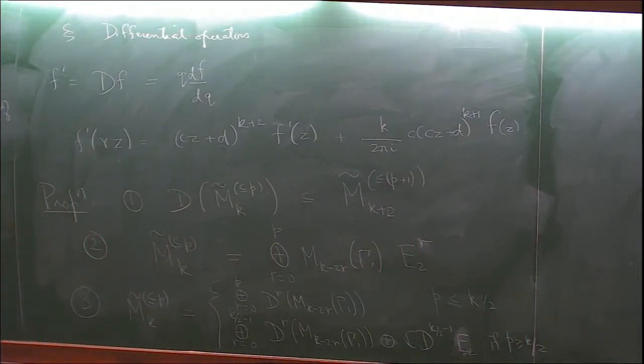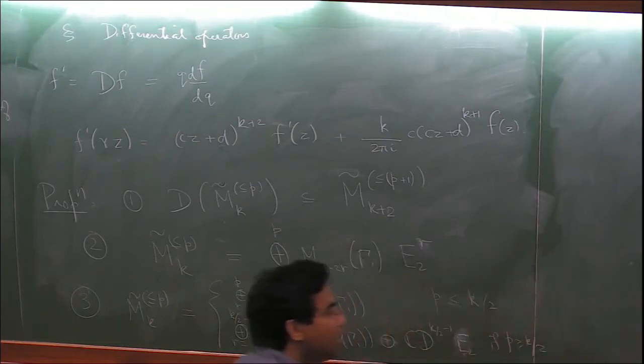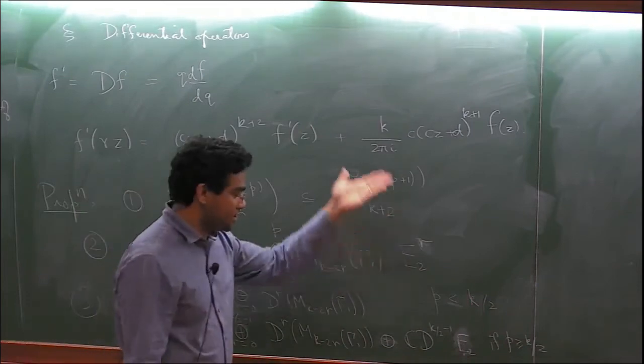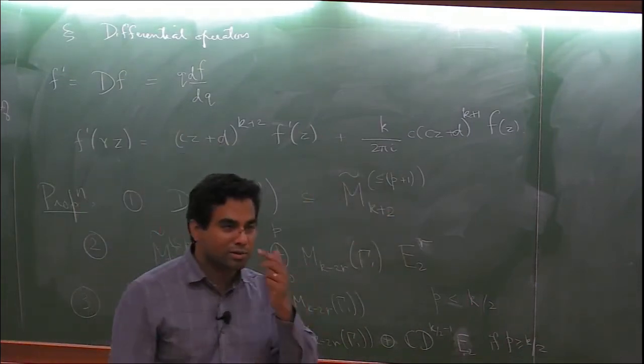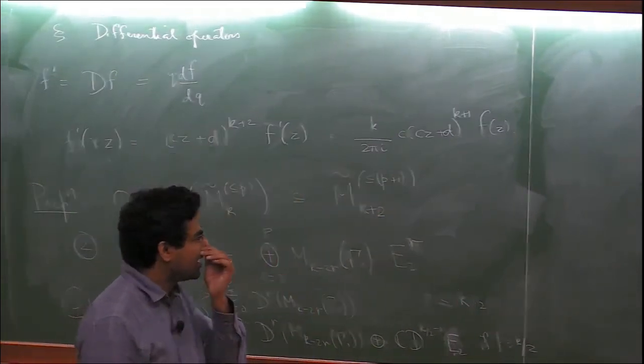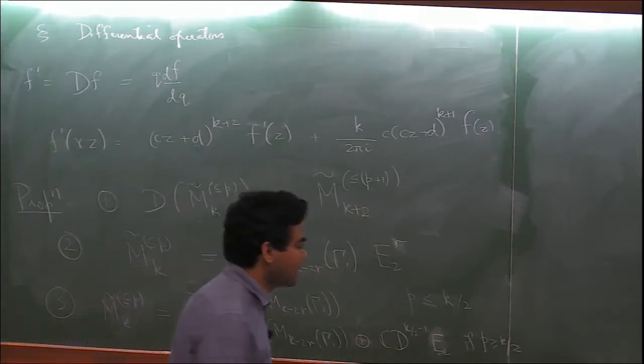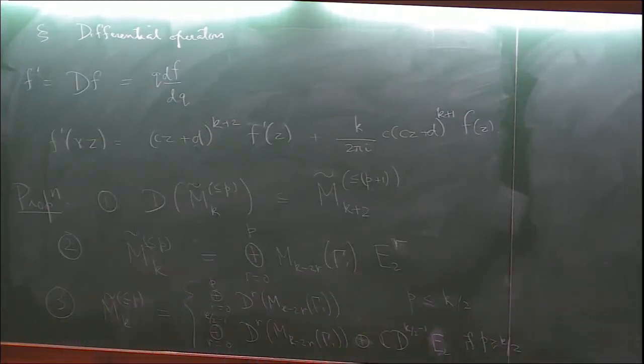Zagier doesn't say this explicitly. Oh yeah, sorry, E2 is a quasi-modular form for other congruence subgroups as well, and so you just consider that. Okay, great.